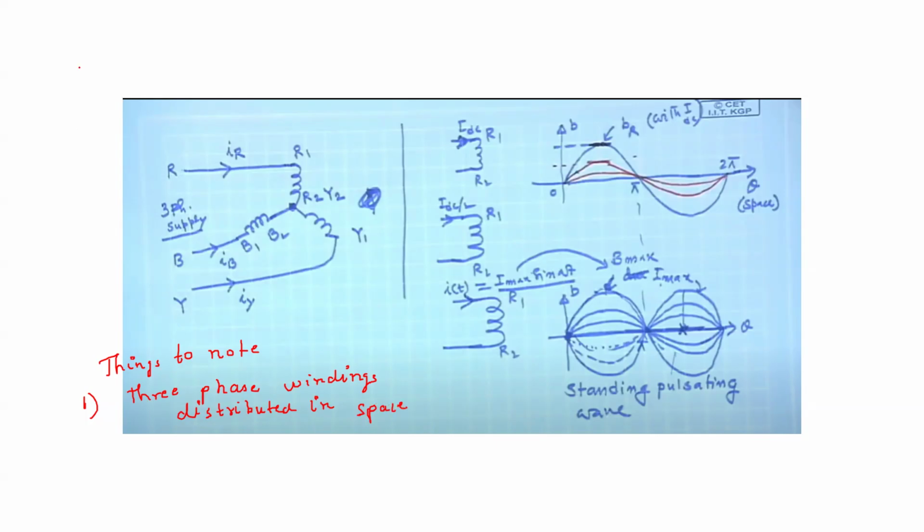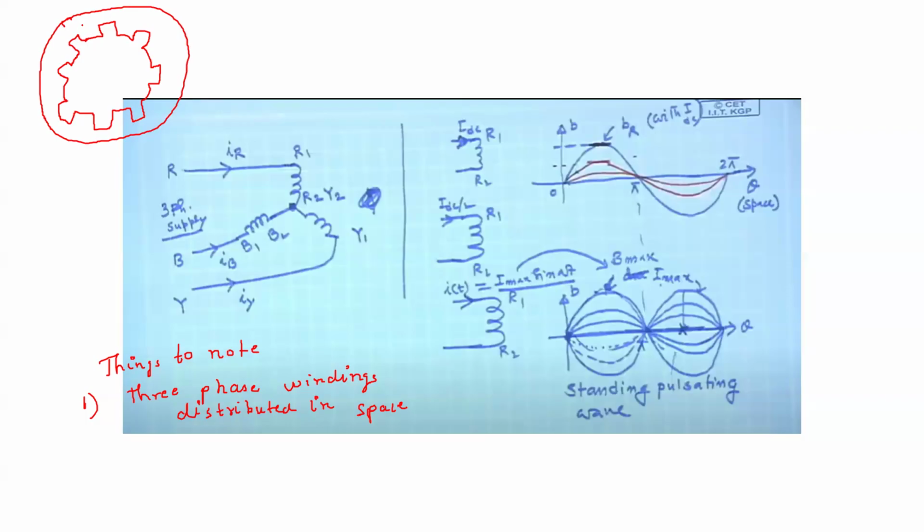If we talk about the stator of a synchronous machine or induction machine, we have slots in the stator, so it is like this. Let us say this is the stator, and now in this stator, let us say this is one slot.